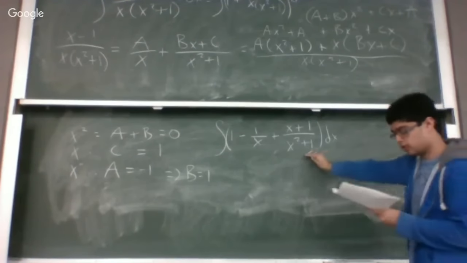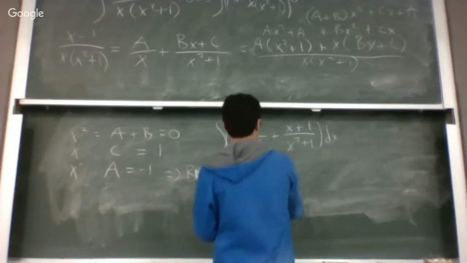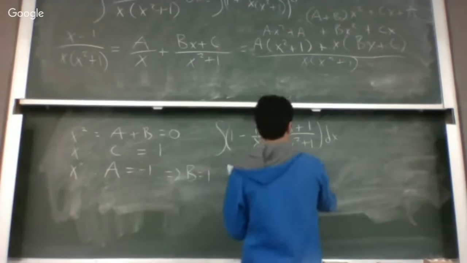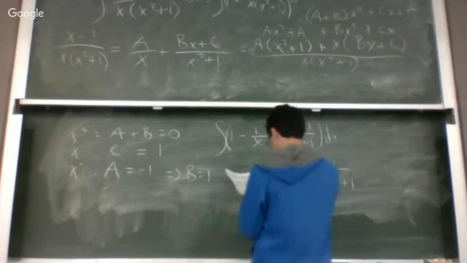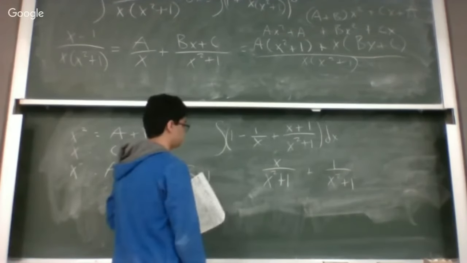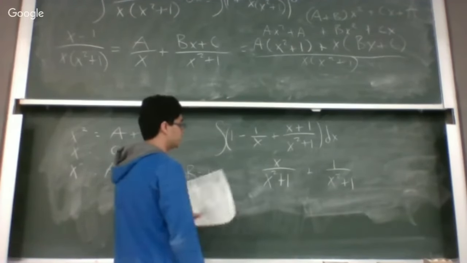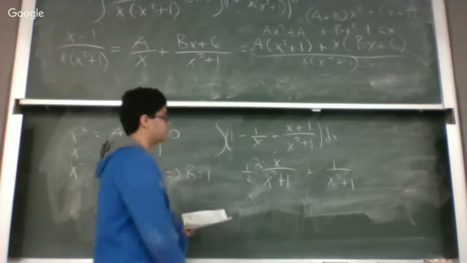We have to divide it into 2 parts, okay? So we have x over x squared plus 1 and plus 1 over x squared plus 1. If we do our u du on this, we need to multiply the top by a 2 and the outside by 1/2.